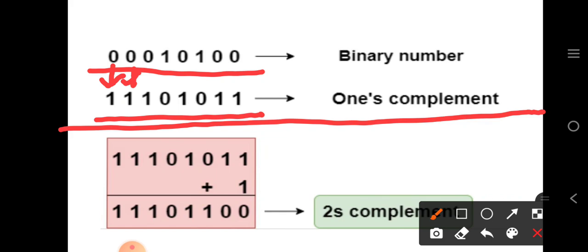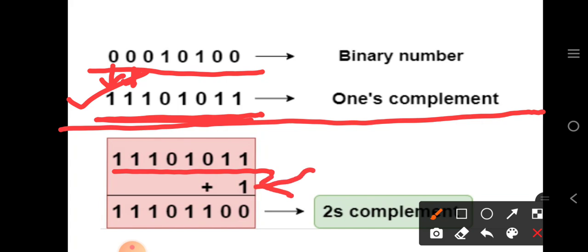But wherever 2's complement is to be calculated, you have to first apply this step, that is 1's complement, and then the output you have to write here and then you have to add 1 to the 1's complement. So you will get the output as 111011100.